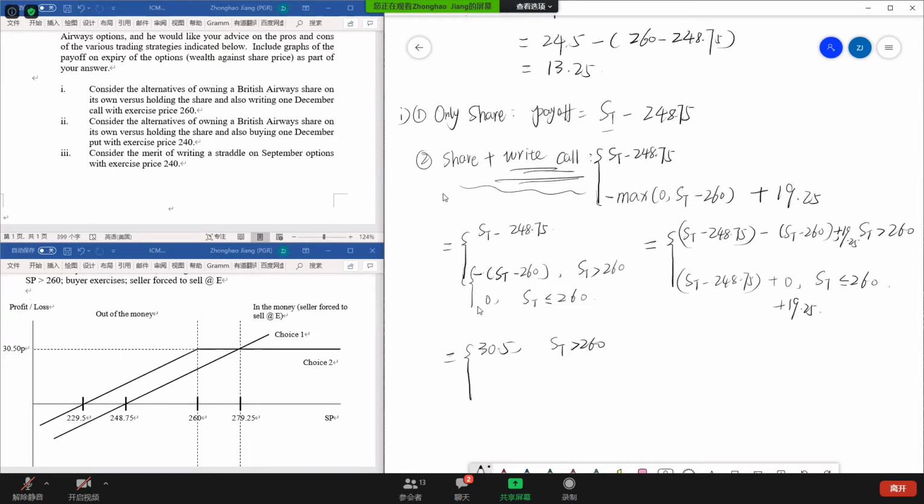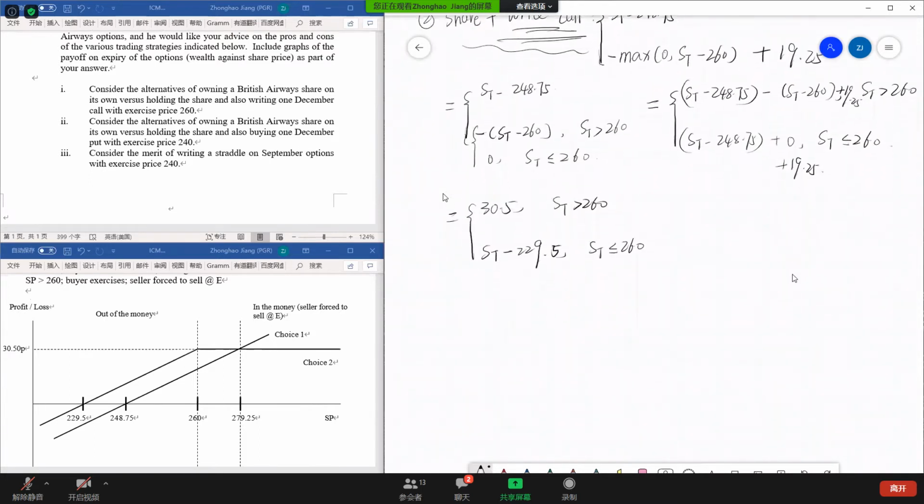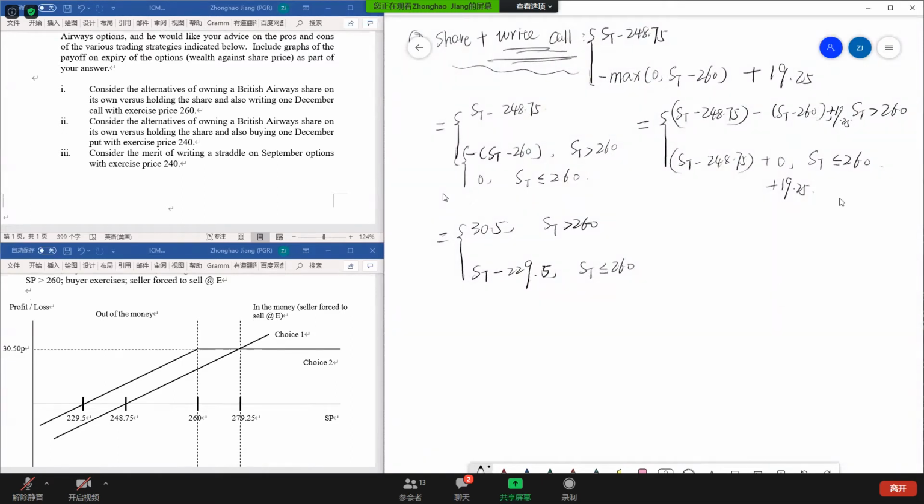So it's 30.5 when the stock price is larger than 260, and so the total payoff is this.